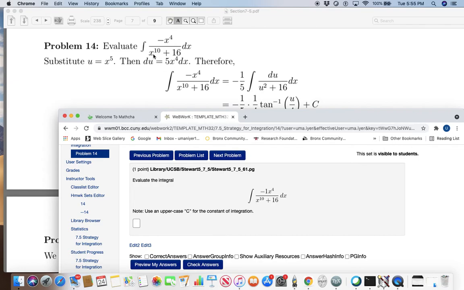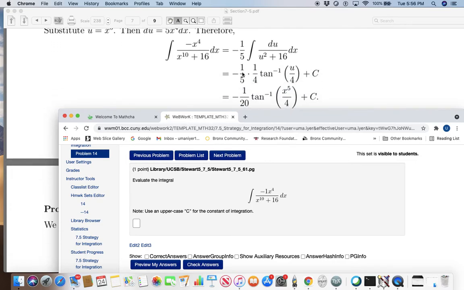Alright, moreover, what is x to the 10? It's x to the 5 squared, that is u squared. So x to the 4 dx is 1 over 5 du. That negative is here, and you have u squared plus 16. This is straightforward arctan. Negative 1 over 5, because of that 16, I need its square root.